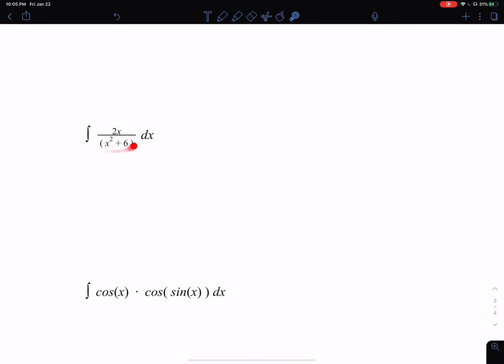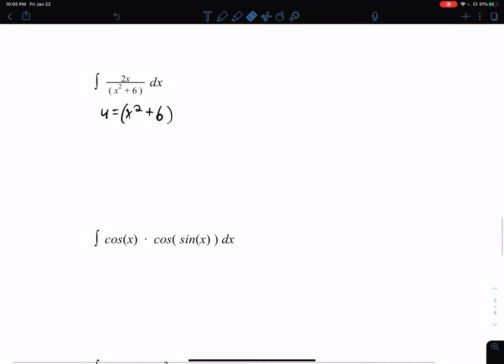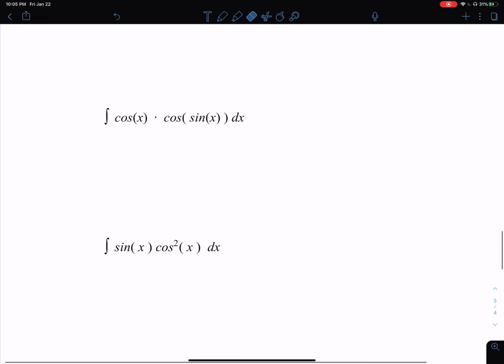This is a derivative of that. So make u equal, for when it's like this, you want to make it the whole thing. I don't know, just do that. I can only know so much, guys.